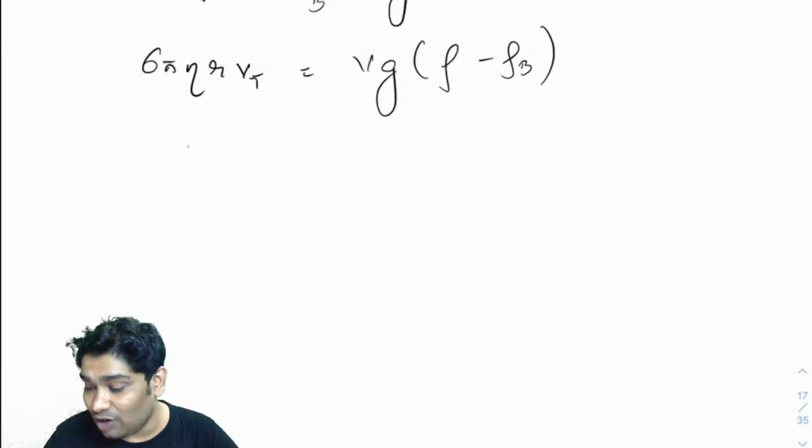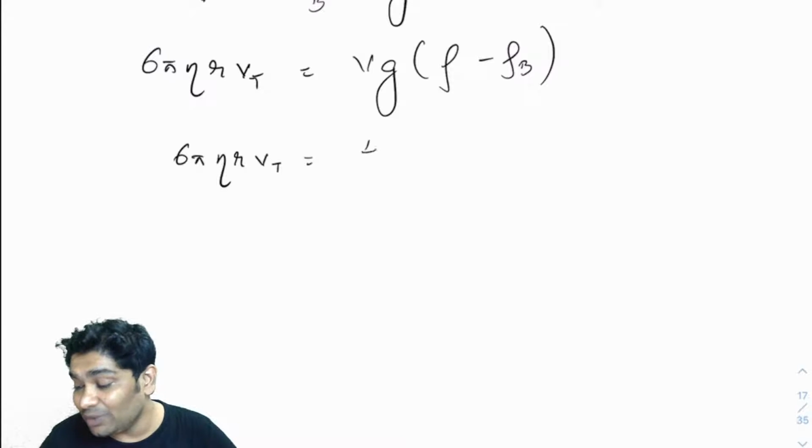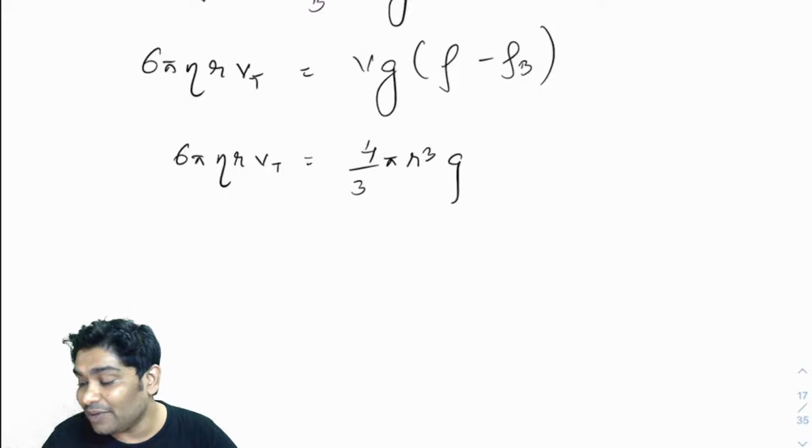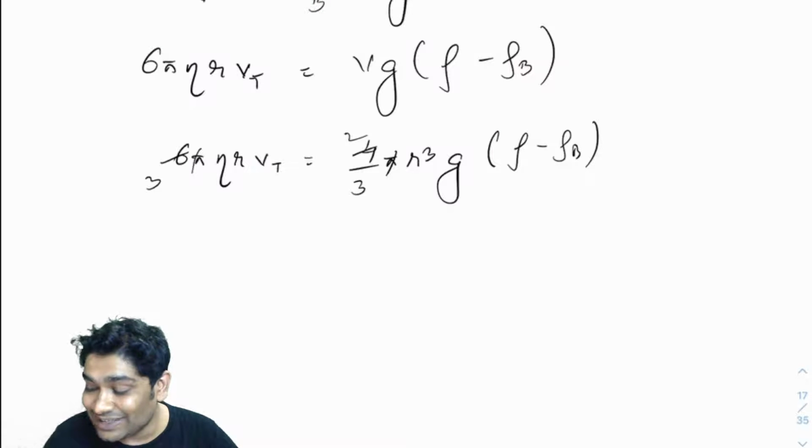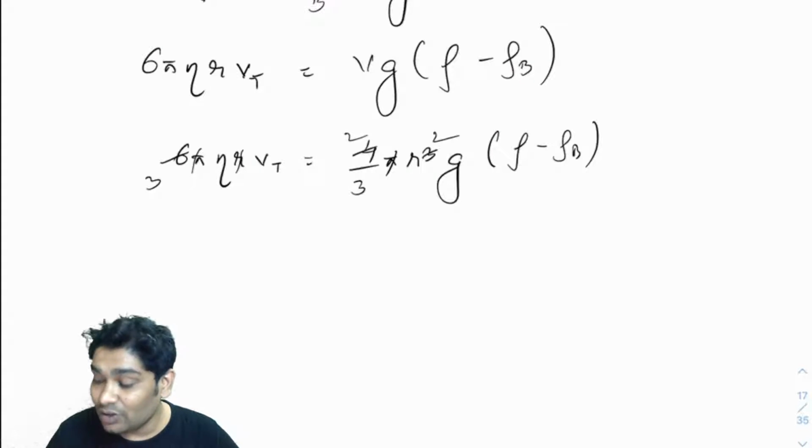So this is how we get this equation: 6 pi eta r Vt equals, the volume written as 4 by 3 pi r cube, times g times rho minus rho bubble. So you get 3 here, you get 2 here, the pi gets cancelled, one r gets cancelled, and you will get your Vt.